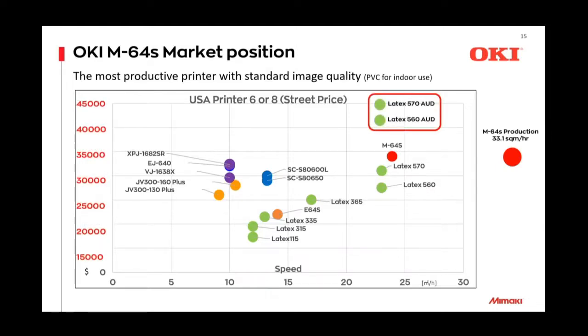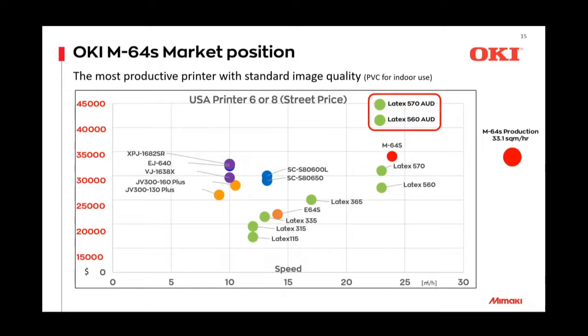So what you're looking at now, the 560, 570, we're starting low 40s, mid 40s, around that sort of price point. In Australian dollars, the M64 is around the 35,000 we will be selling.